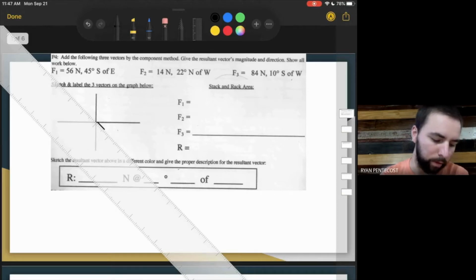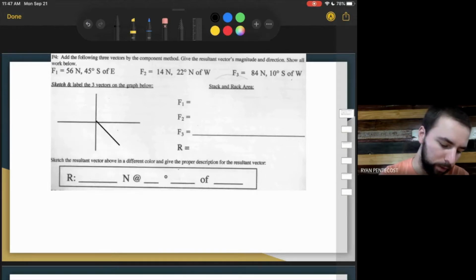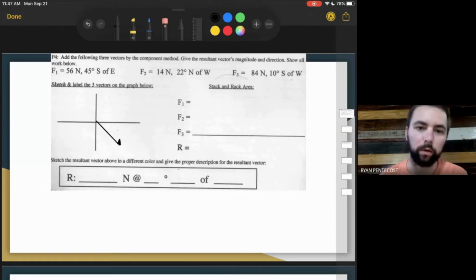Okay, that's about 56. And no, that's too small. Let's just draw it approximate. Okay, so that is about 56 newtons, what we're going to call 56 newtons, 45 degrees south of east. So I drew my 45-degree angle south of the east line.